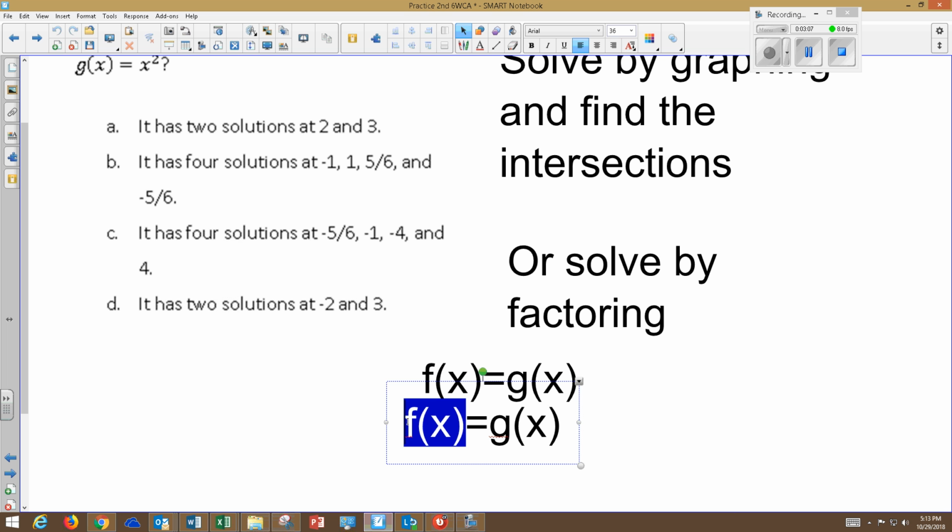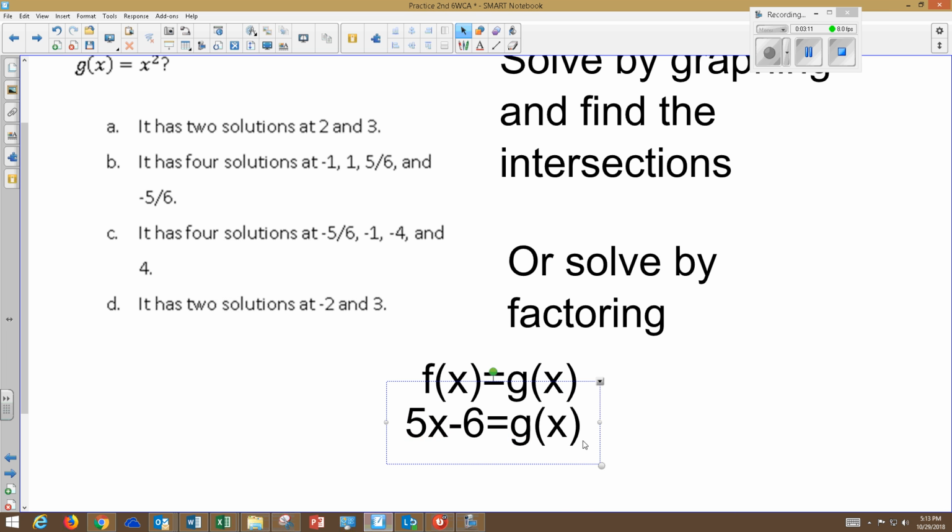So I'm going to replace f of x with 5x minus 6. I bet I said plus. And then g of x is actually x squared, x to the power 2.